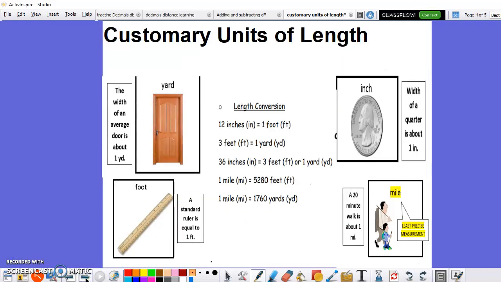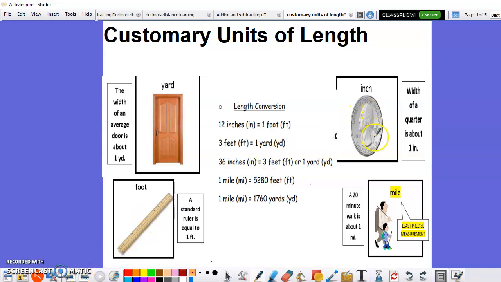Okay, so that was a video talking about the different ways that you might see inches, yards, and feet. So here we have some real life examples. A yard is the width, so meaning that's going across, of an average door. A foot is a standard ruler, so we've all seen a ruler like this.